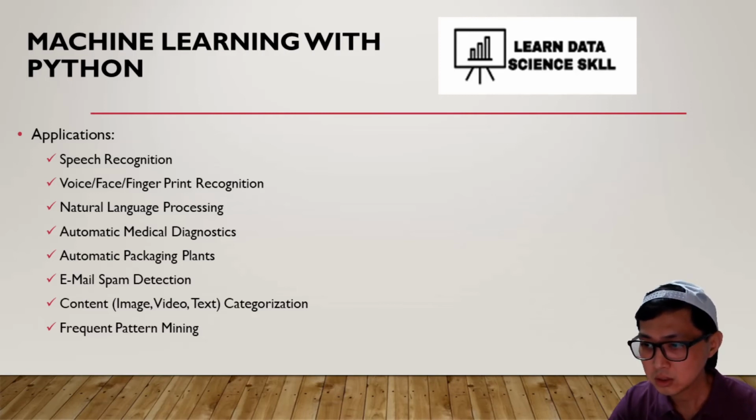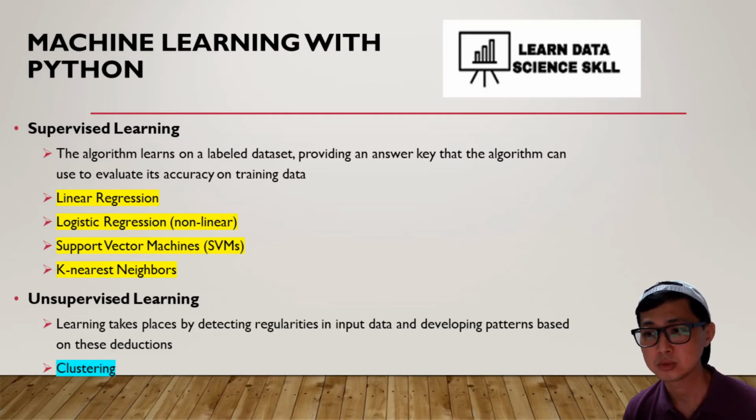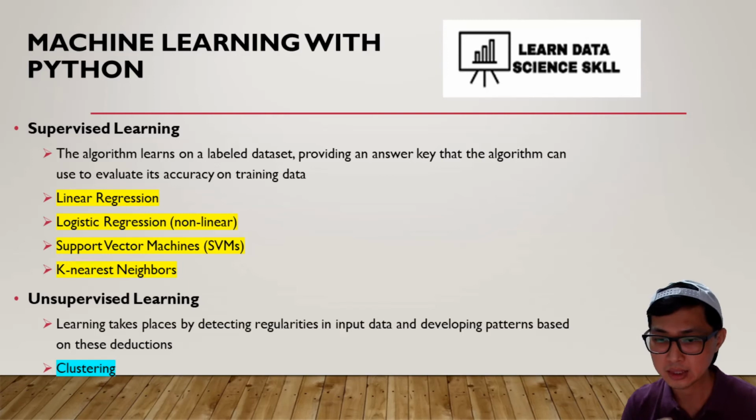In this series we are going to look at supervised learning and unsupervised learning. Supervised learning is a learning method in which the algorithm learns from a labeled dataset. A labeled dataset is a dataset that consists of questions and answers. You give the machine the questions and the answers, and the algorithm learns from there.